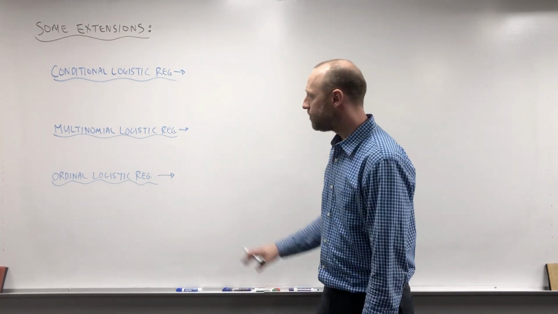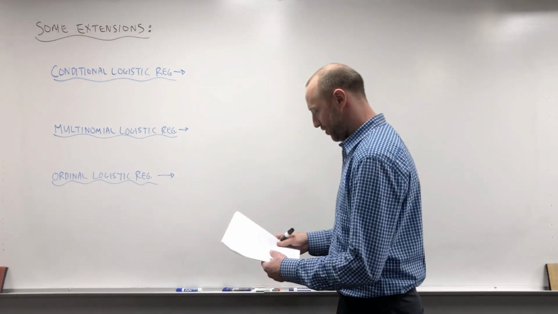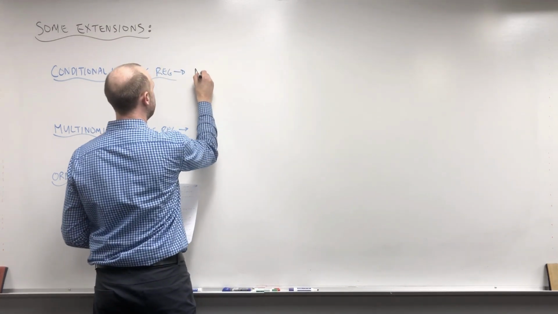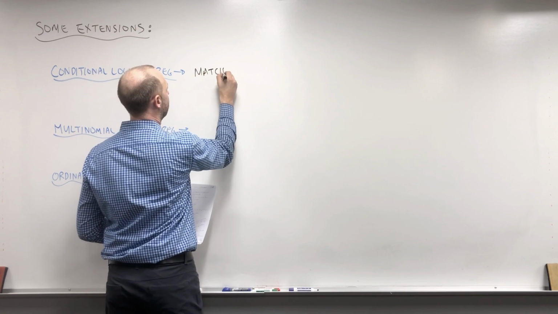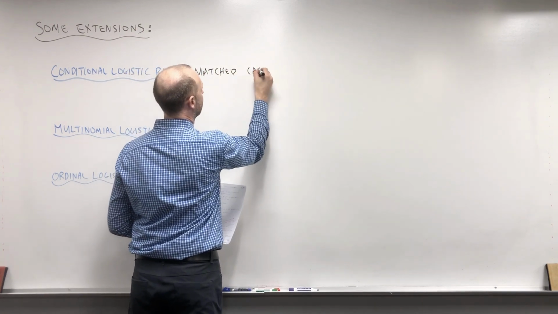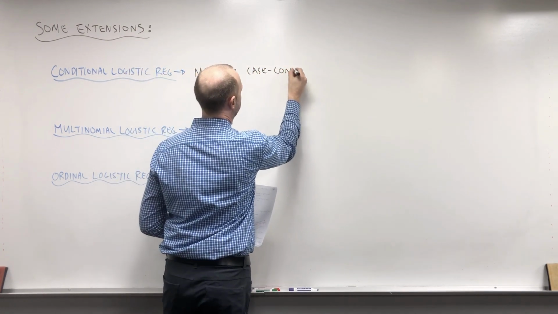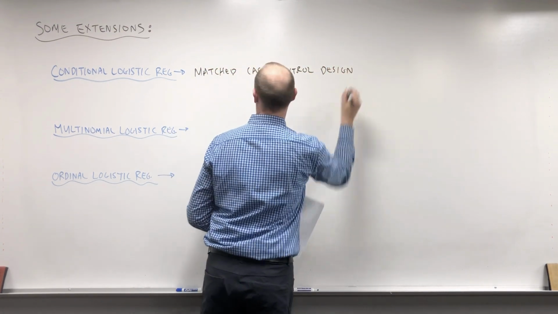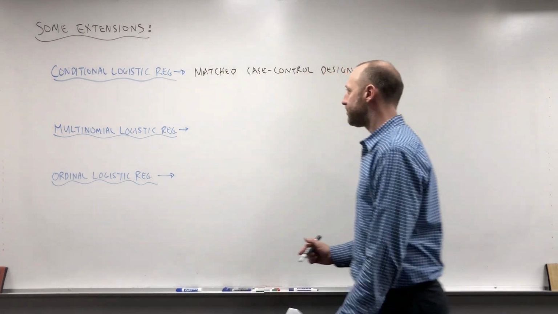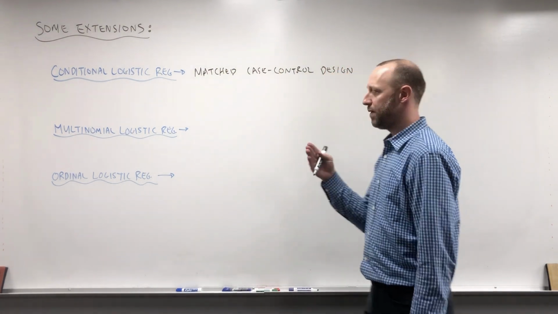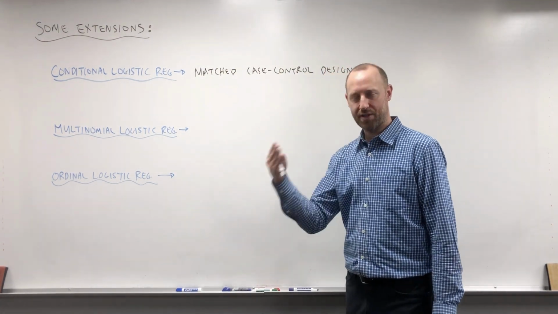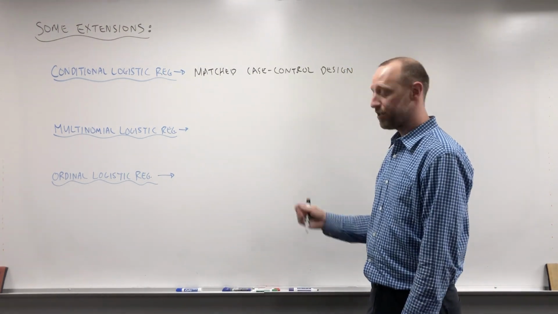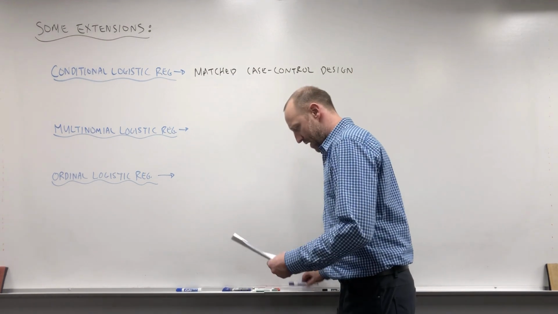So the first is conditional logistic regression, and where this can be used is when we have a matched case control design. For example, if we've taken babies that were low birth weight and matched them to one that was not low birth weight, then we can use conditional logistic regression.